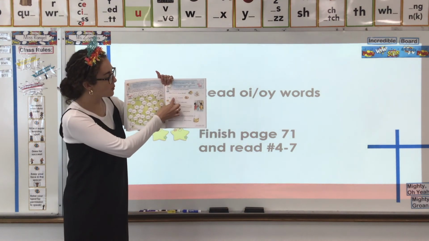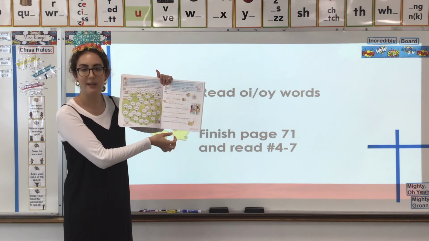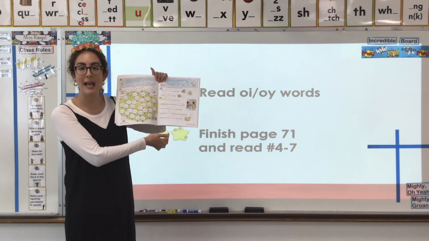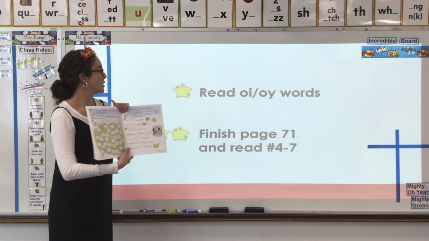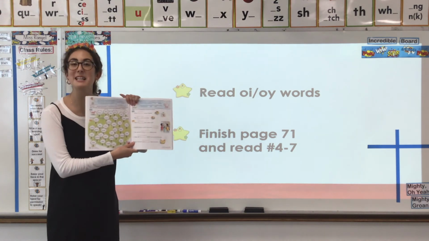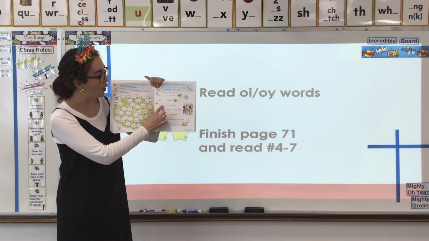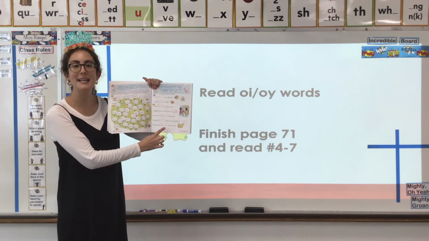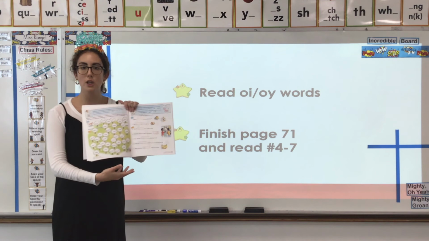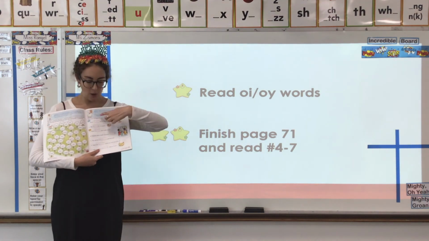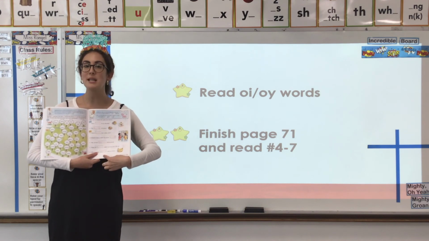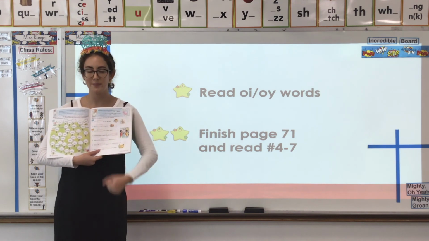Those are only the words that we filled in, the words that we created with O-I or O-Y. For 1 star, you're really going to focus on all those words that you've written in and practice decoding your oi sound.